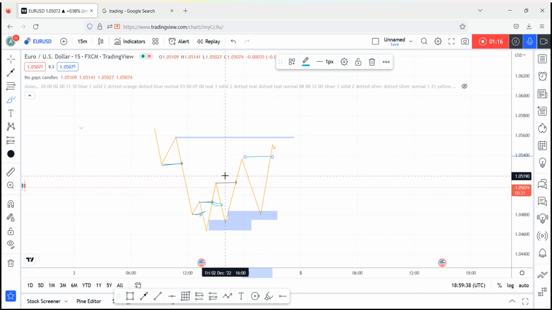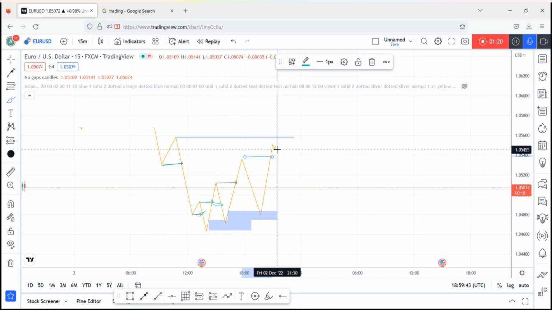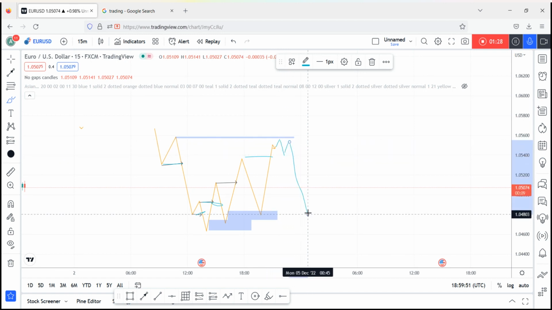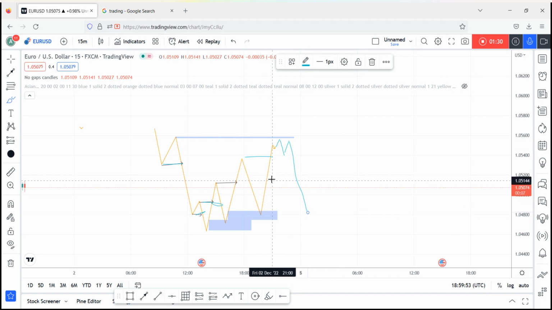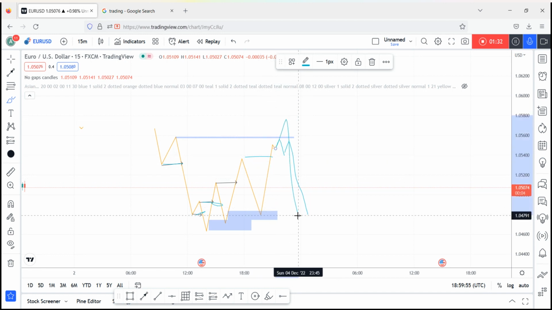And now what are the possibilities, right? So now there are different possibilities. One possibility is price can just mitigate this supply zone, make a change of character from here and then go to the downside. The next possibility is price just goes to the upside, mitigates this demand zone and then goes like this.